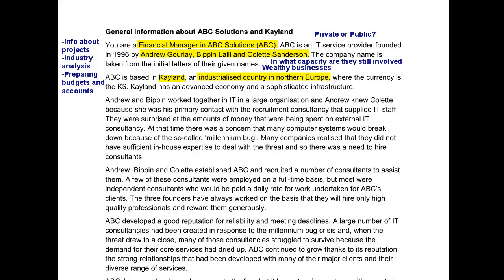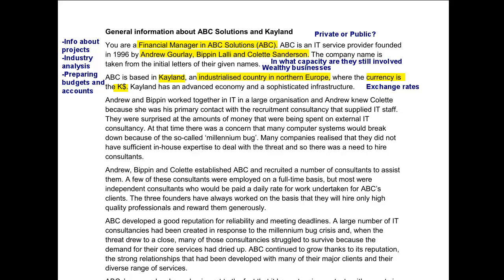Now next up, it mentions here about currency. It trades in the K dollar, the Caland dollar. Whenever you see information about currencies, you have to be thinking about potential risks to do with exchange rates. We haven't been given any information about the scope of ABC's business at the moment, whether they trade purely in Caland or whether they are an international organisation.